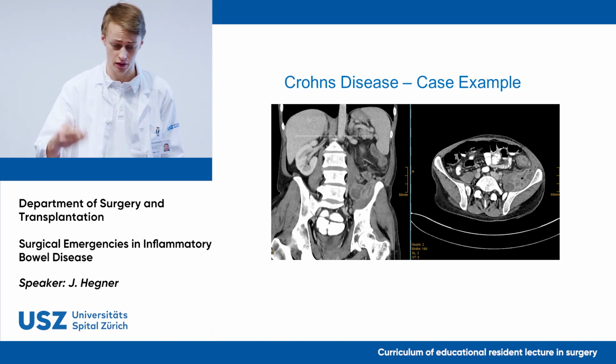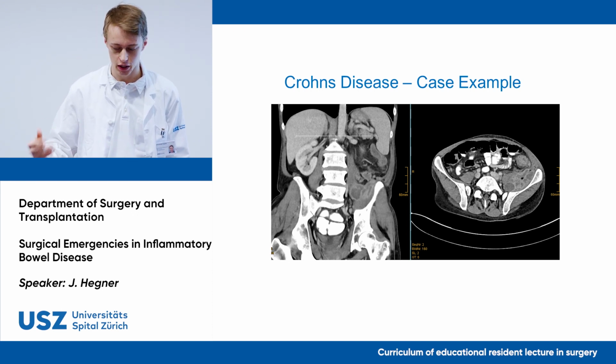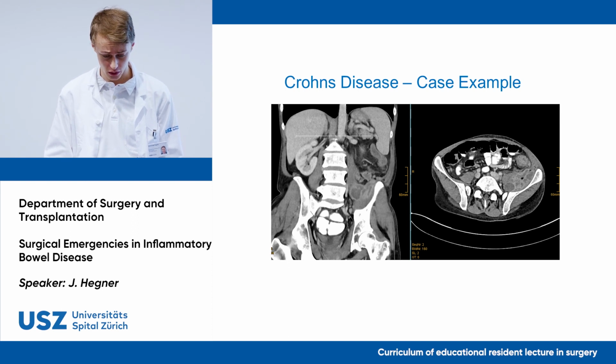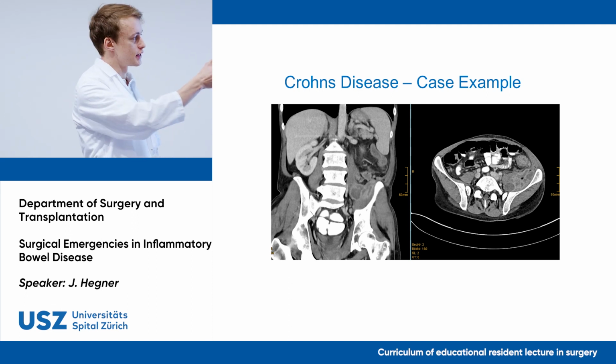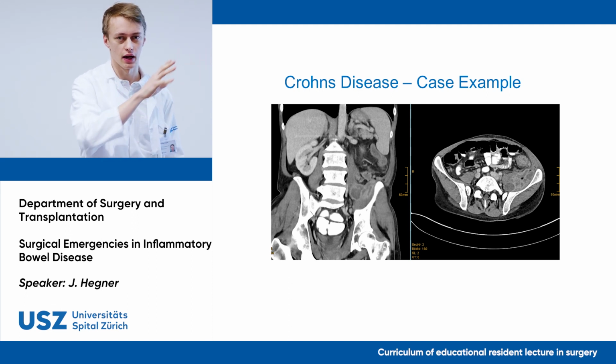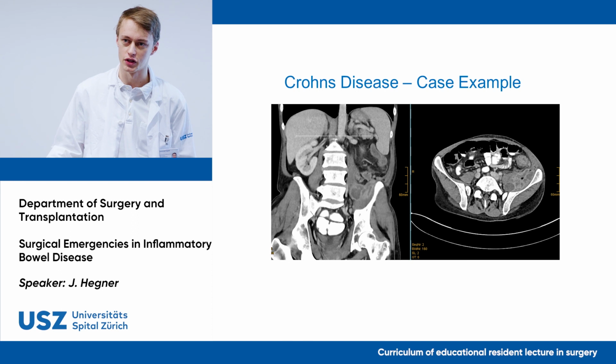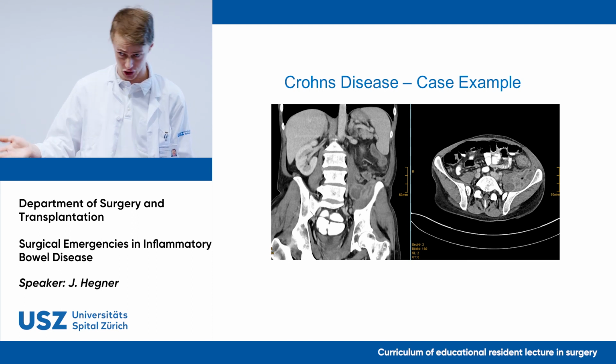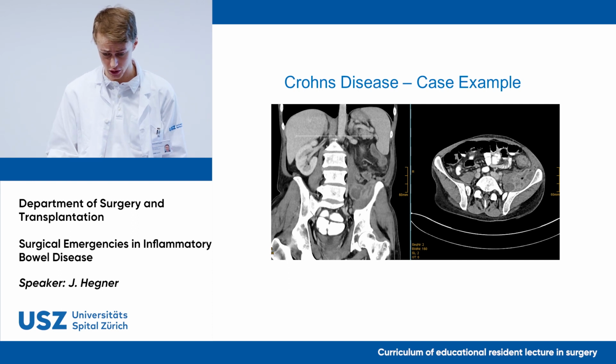Yes, exactly right. We did consult interventional radiology for drainage here, but because, as you can see, this was a multiloculated complex abscess, this wasn't possible. So with a deteriorating patient and unresponsive to antibiotics, we took them to theater.